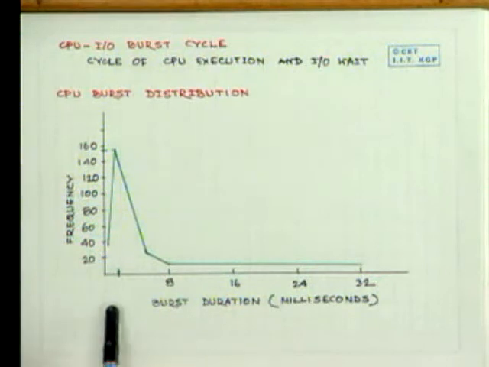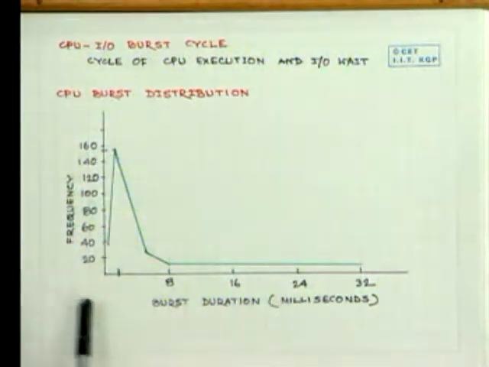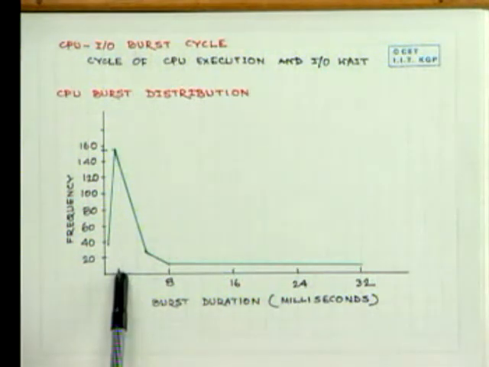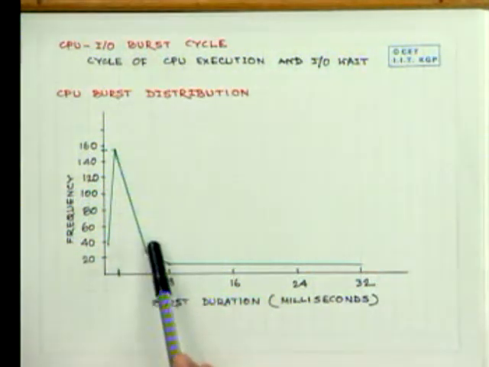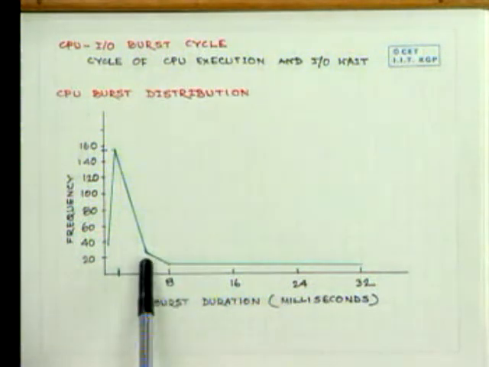For example, it is peaking here around 2 milliseconds. After that, the number of processes that have burst duration more than 2 decreases, and it comes to more or less quite a minimum around 20.